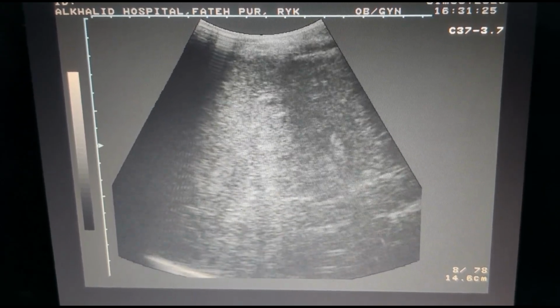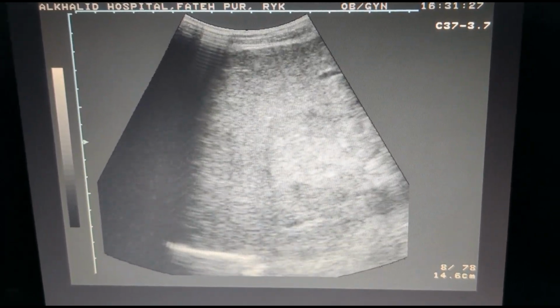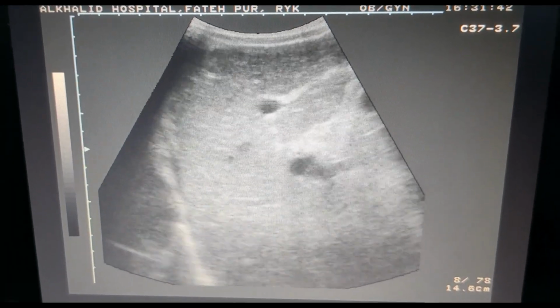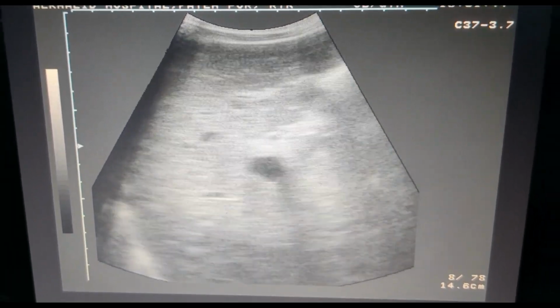The iso to hyperechoic lesion of this patient was about 6 centimeters in diameter.